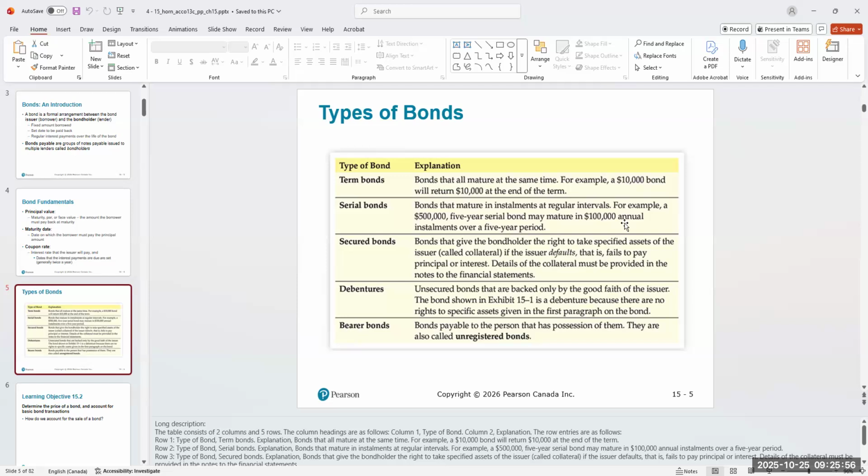And bearer bonds. A bearer bond is payable to the person that has possession of the bond. They're also called unregistered bonds. So usually when the bond issuer issues the bond, he specifies who is the one who holds the bond.